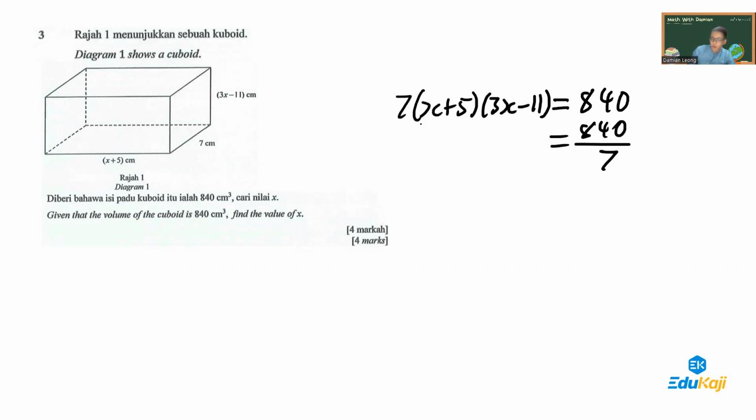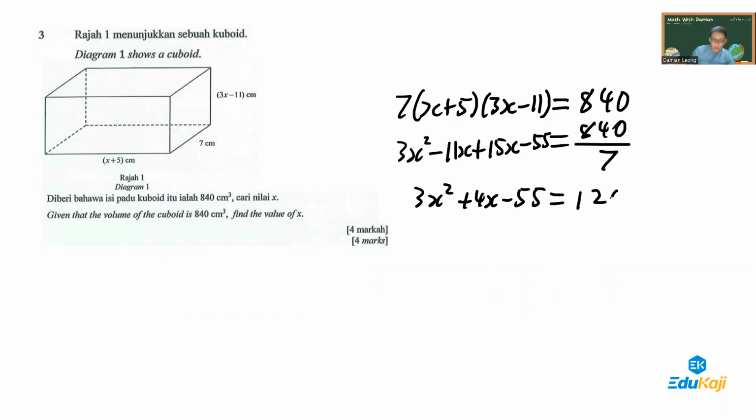So here I need to expand these two brackets. x times 3x, 3x squared. x times negative 11, minus 11x. 5 times 3x, 15x. 5 times negative 11, minus 55. So it's 3x squared plus 4x minus 55 equals 840 divided by 7, which is 120.